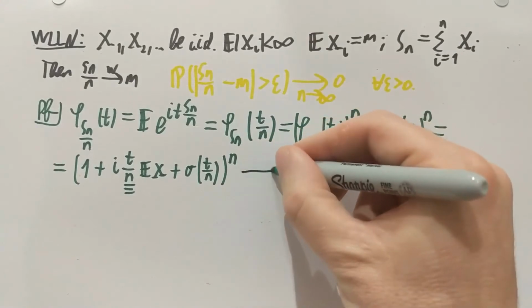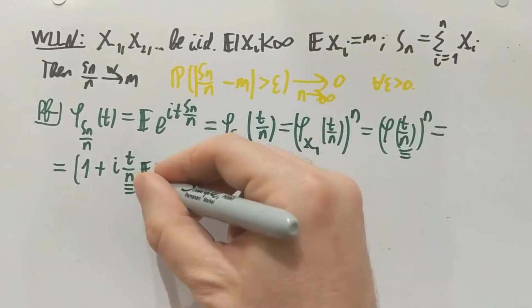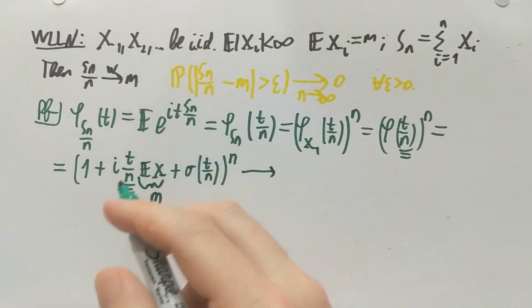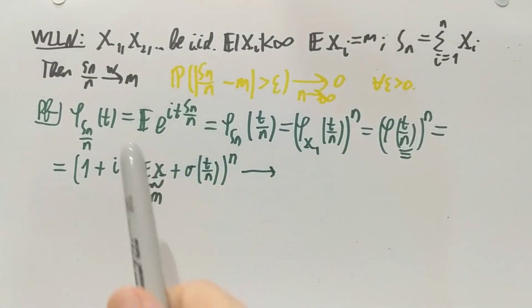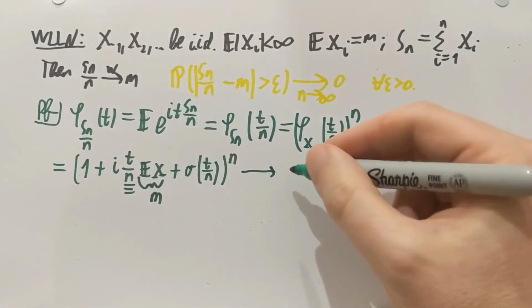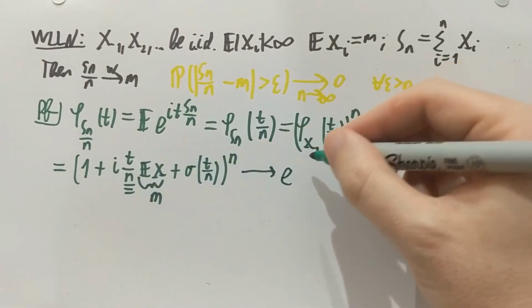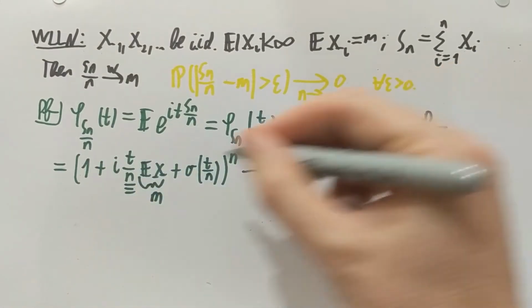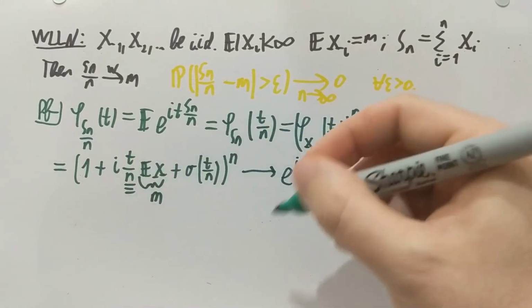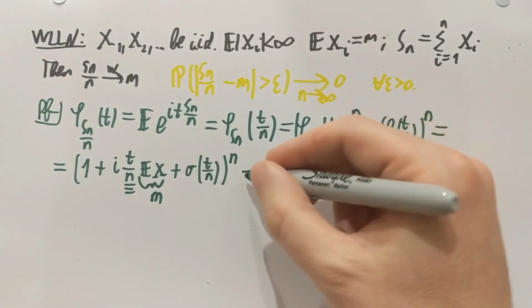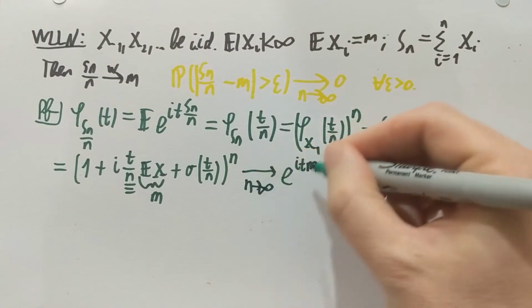Now all we need to realize is that this expectation is what we called m before, and then the limit of 1 plus constant over n to the n is exponential of all of these factors, which is i, t, and m. And little o, something sublinear in 1 over n, will not play any role in the limit. So as n goes to infinity, we have this limit here.